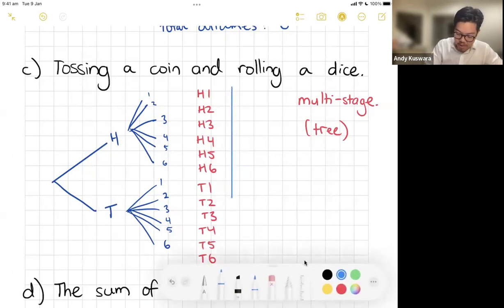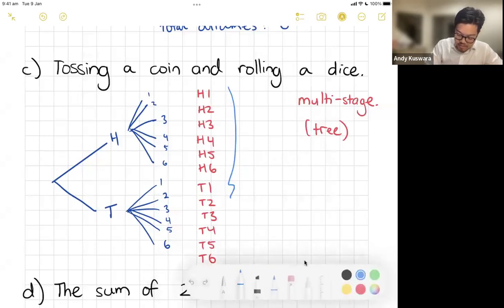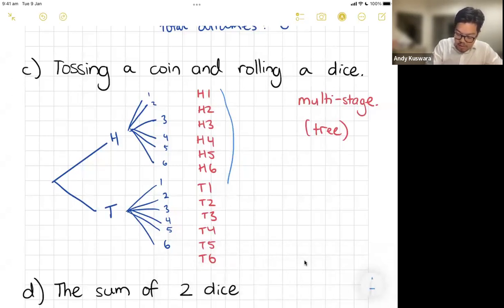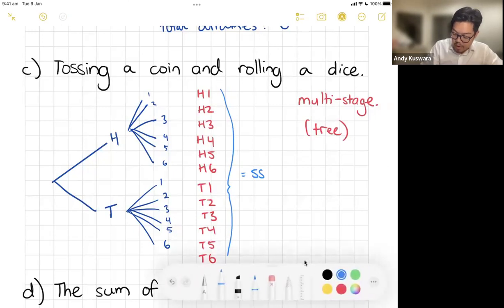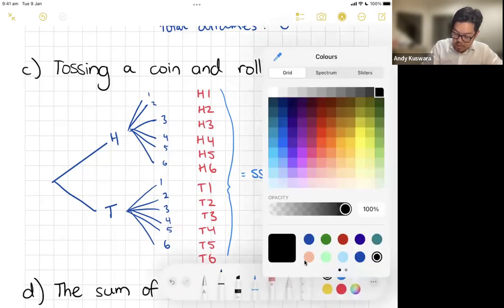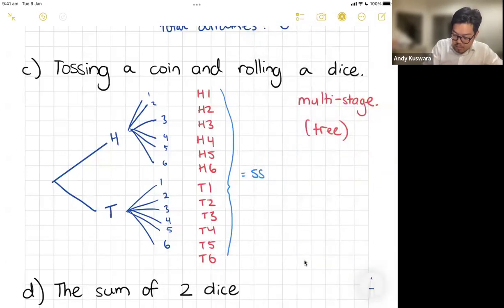This here is what I'd have to list if I was talking about my sample space. But here you can see that my number of total outcomes, if you count them up, there's 12.